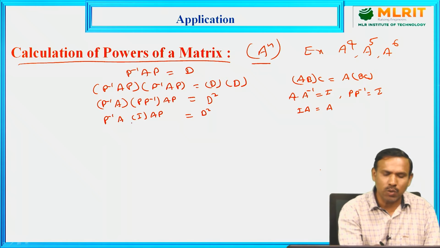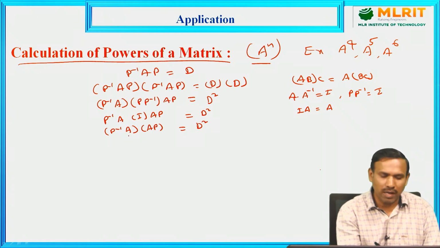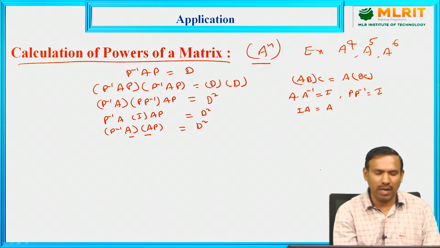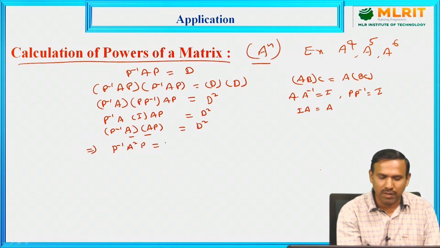So P inverse A into I into AP, again you can write AP, which is equal to D square. Now here, using the associative property, this A and this A can be multiplied, A into A, A square. So finally P inverse A square P is equal to D square.